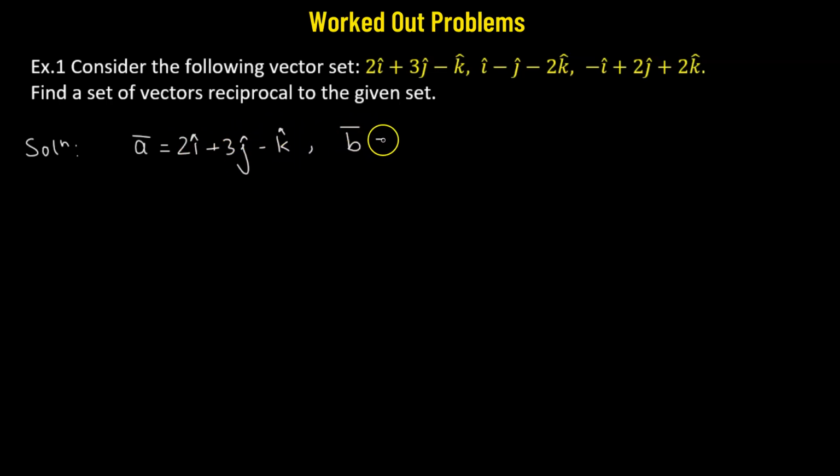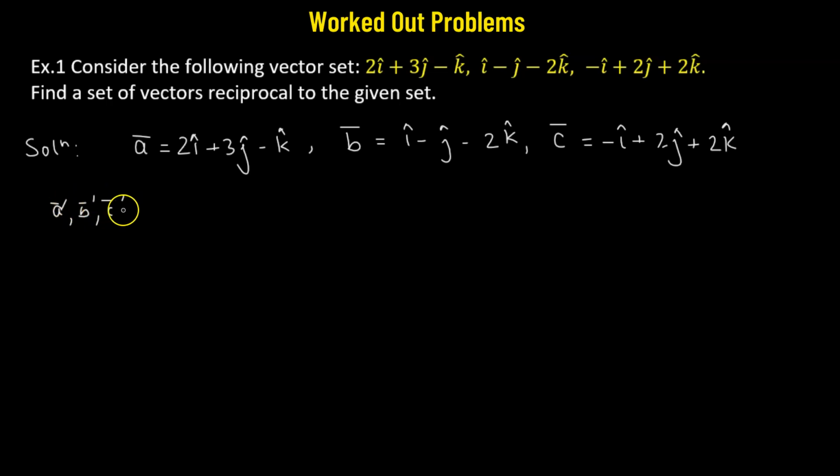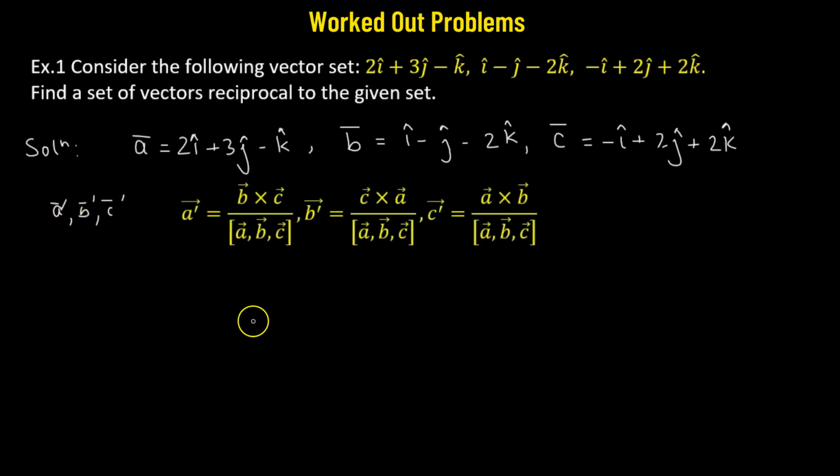Vector b is i cap minus j cap minus 2k cap. And vector c is negative i cap plus 2j cap plus 2k cap. We have to find a set of vectors that is reciprocal to the given set. That means we need to find vectors a prime, b prime and c prime. So we'll use the relation to obtain their values.